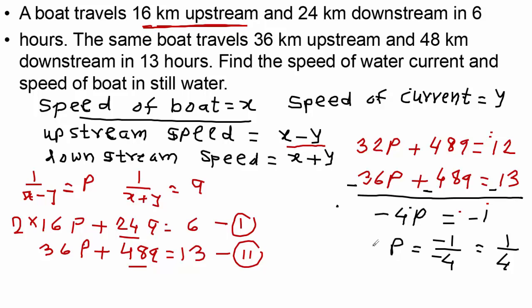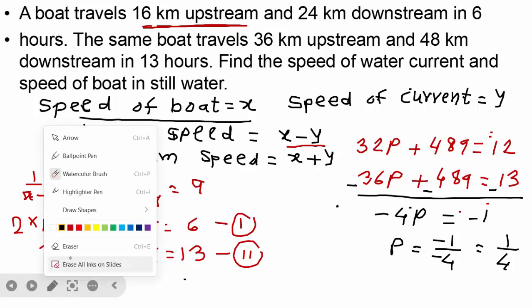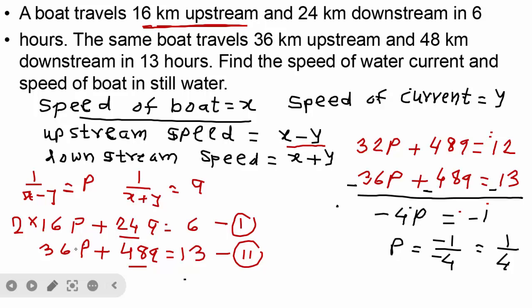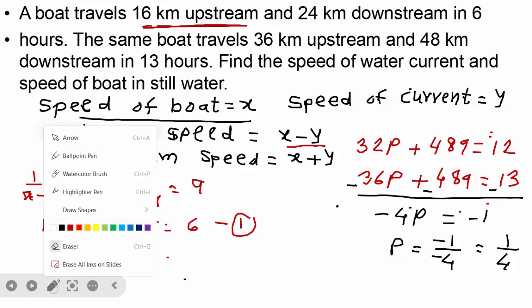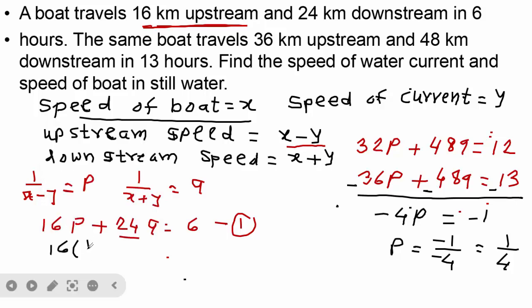Now we can find the value of q. The value of q can be obtained from any one equation. I shall substitute the value in equation 1. In equation 1, I shall substitute the value of p as 1 by 4. Therefore, 16 into 1 by 4 plus 24q equals 6.